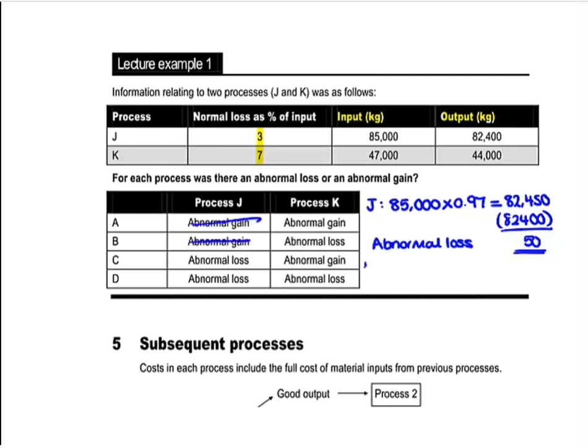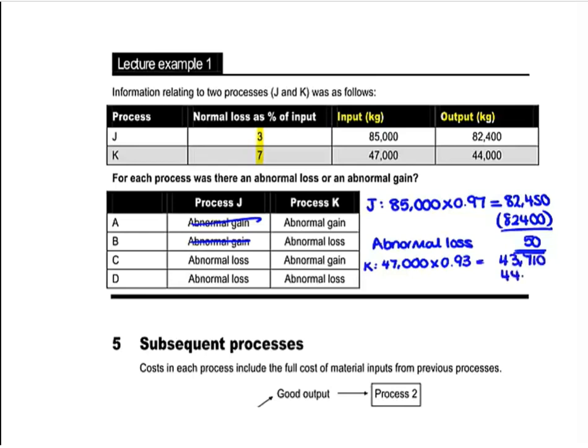Now we need to have a look at process K. We put 47,000 units of input in, and we're expecting 7% to be losses. So 93% would be expected to be good output. So we're expecting 43,710.